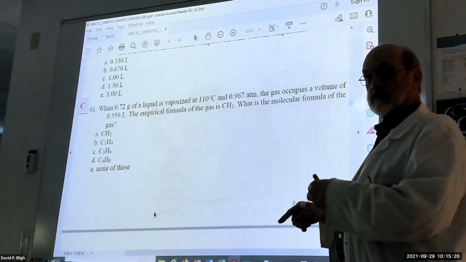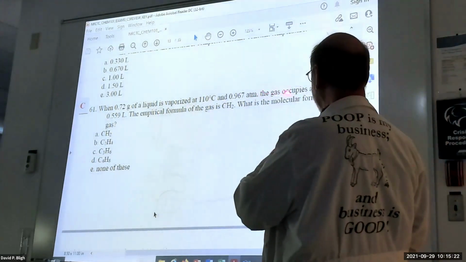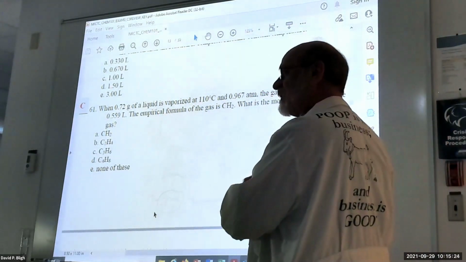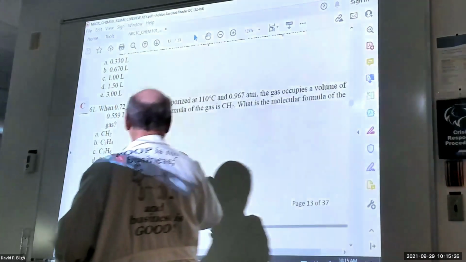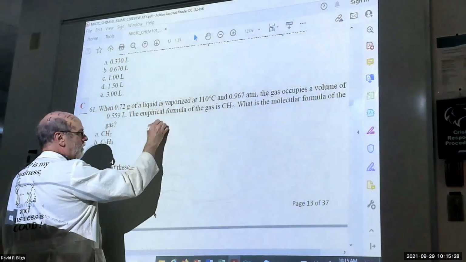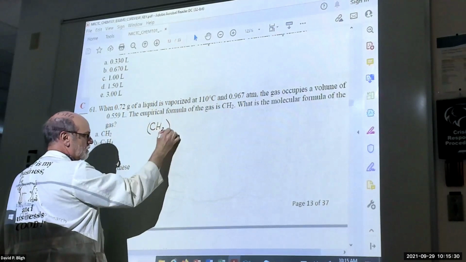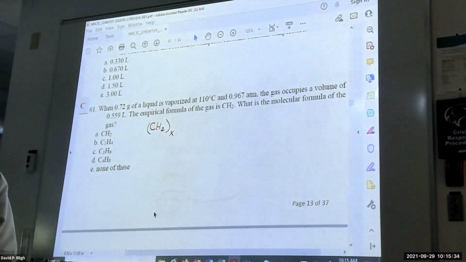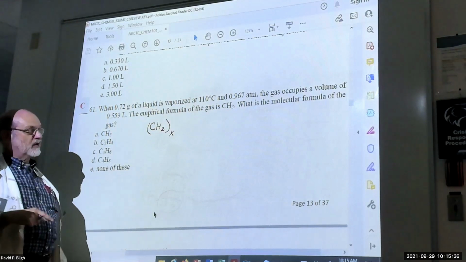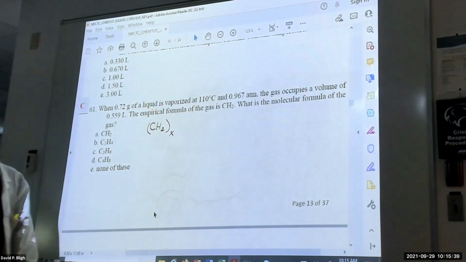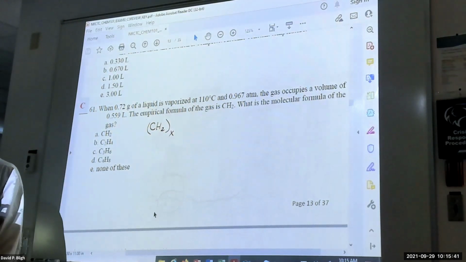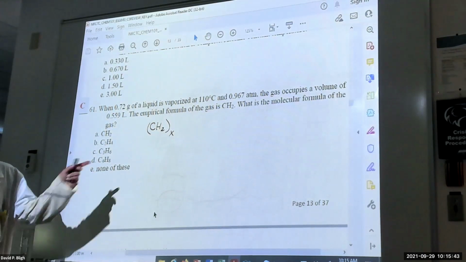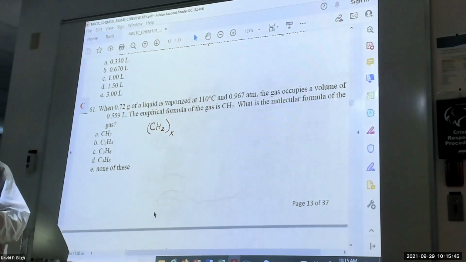Okay, read backwards. What do we need to know to find the molecular formula? We need to know that multiplier. How do we find that multiplier? Ratio the true molar mass of the compound with its empirical mass.